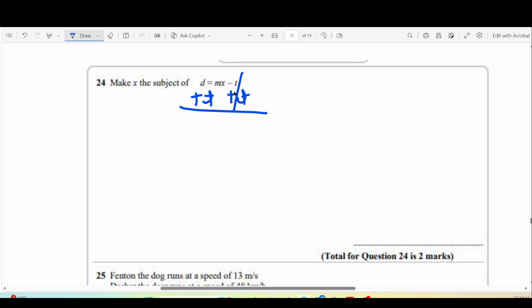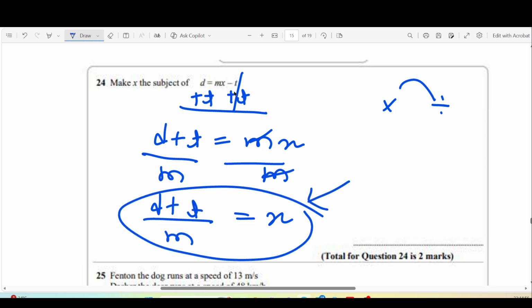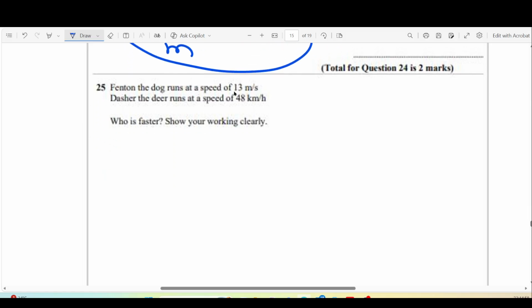So this will cancel. Here we will have d plus t is equal to mx, right? Again we have m, so we divide both sides by m to get rid of m, because this is multiplication, and the opposite of that is division. So we have x on this side and d plus t divided by m. This is our answer. This is how we make x the subject of the equation.